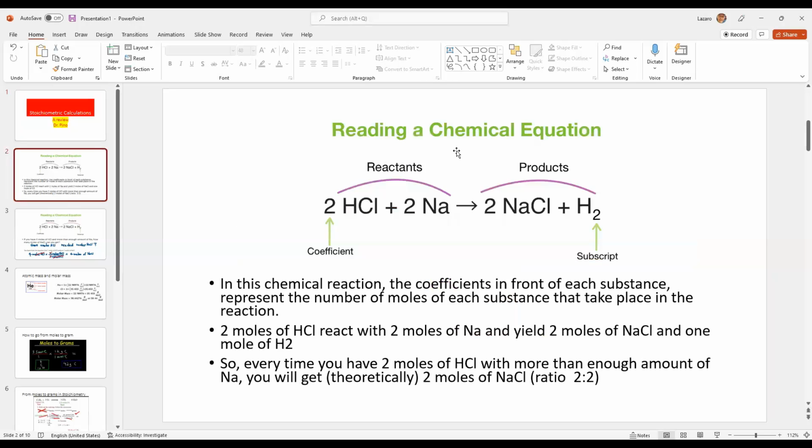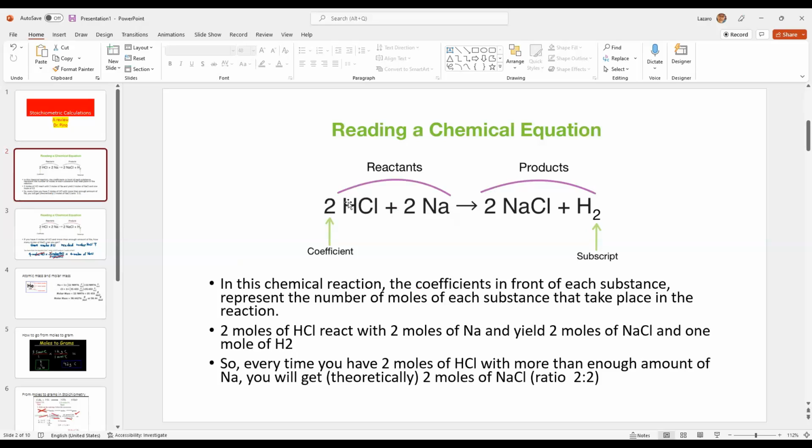In a chemical reaction, we have to the left the reactants and to the right the products. The arrow is yield. The reactants yield the product.